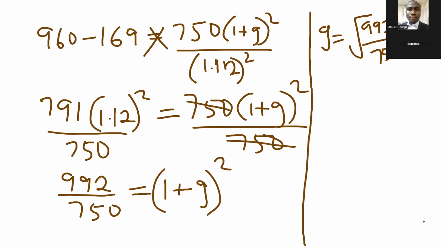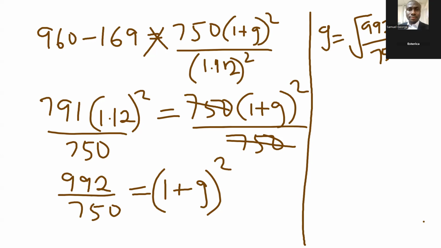Root, open bracket, 992 divided by 750, close the bracket, all right, minus 1.